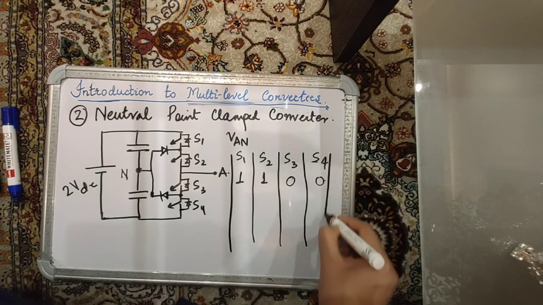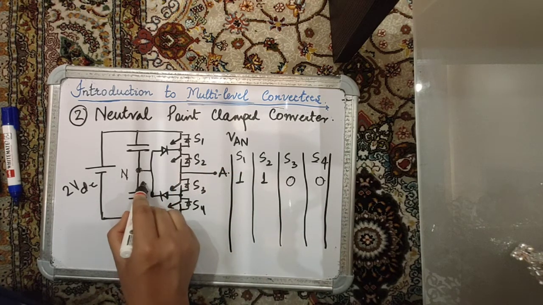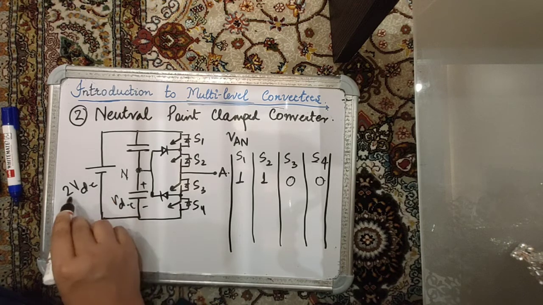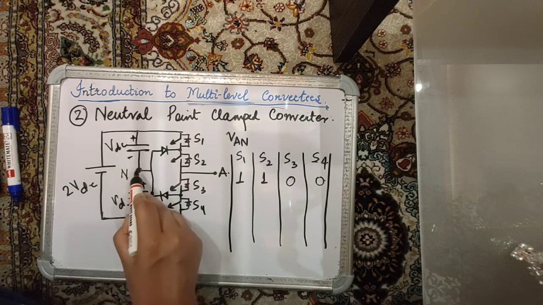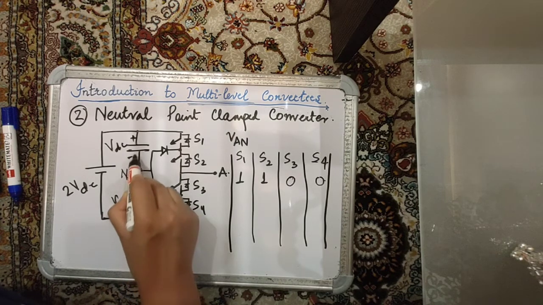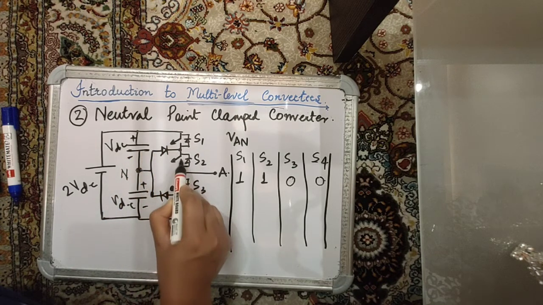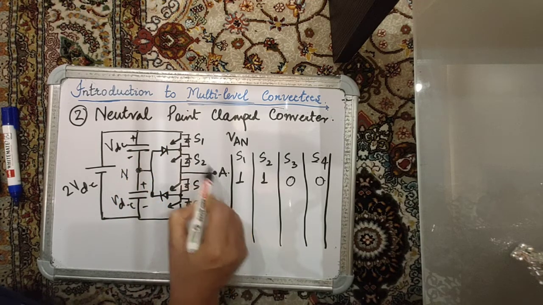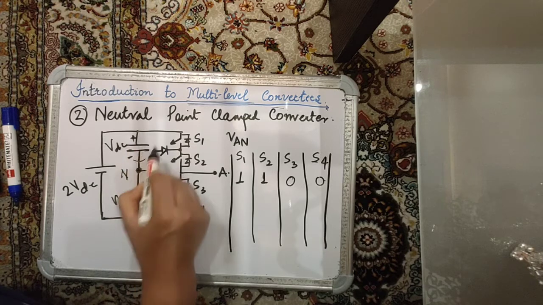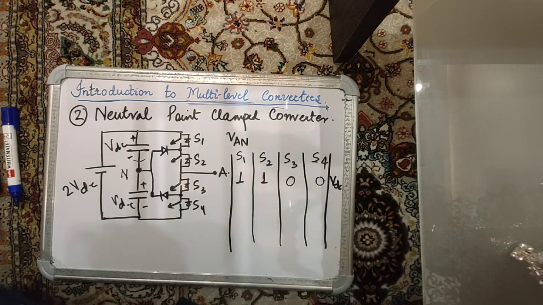In that case, the output of my converter VAN is simply VDC, because this was 2 VDC, it got split into VDC and VDC, right? So this N point is here, and from here the voltage that is appearing, S1 and S2 are both conducting, so from here the voltage that is appearing at A with respect to N is simply this VDC. So the output voltage VAN is VDC.